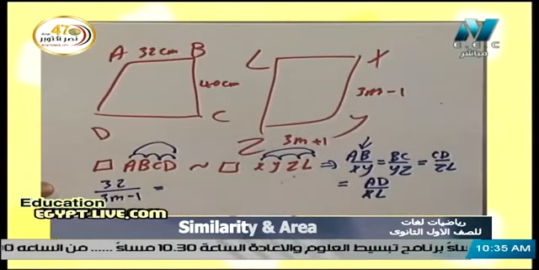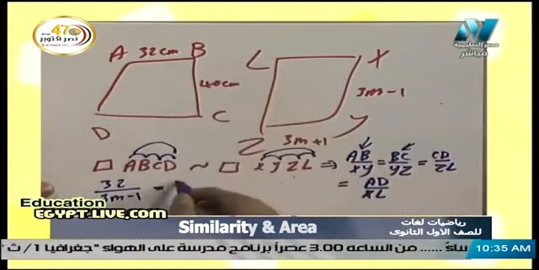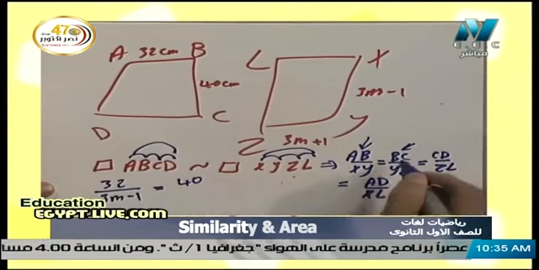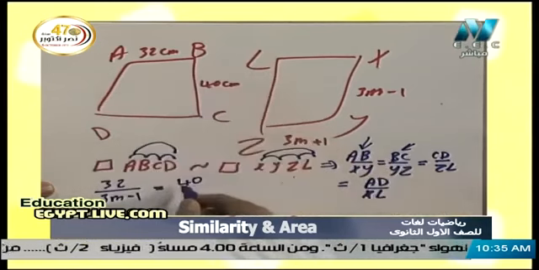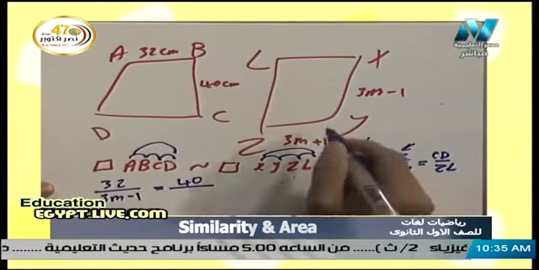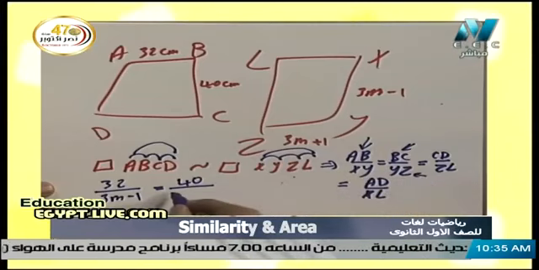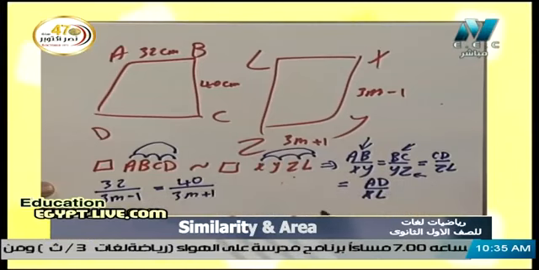Equal, we have here BC. BC here equals 40 centimeter, so we can replace BC by 40 centimeter over YZ. YZ here is 3M plus 1, so we can replace YZ by 3M plus 1. Okay?